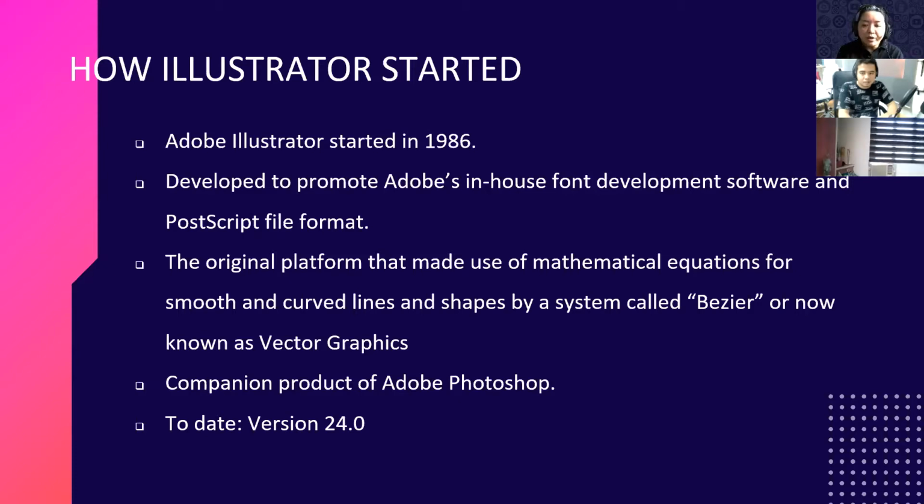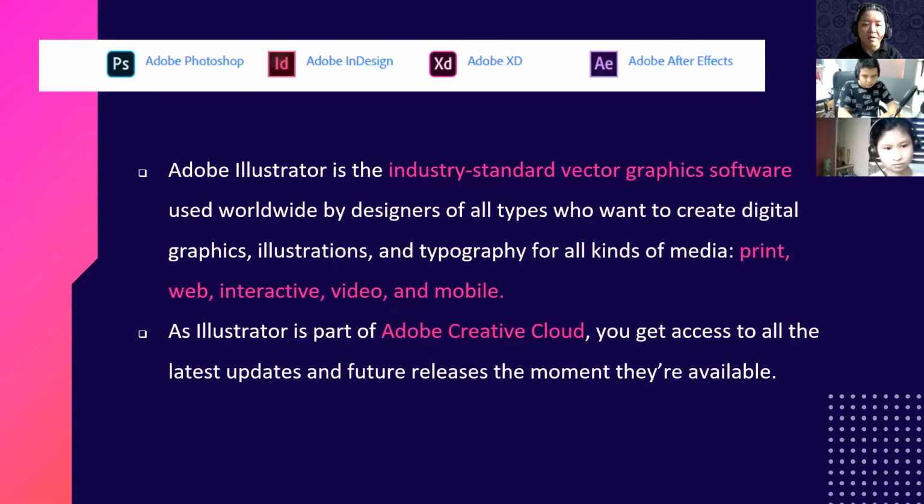So ngayon tawag natin vector graphics. Way before, they had a very complicated way of explaining it na it uses mathematical equations, and it uses a Bézier system. But now it's just simply called vector graphics. So to date, the latest version that we actually have for Adobe Illustrator is version 24.